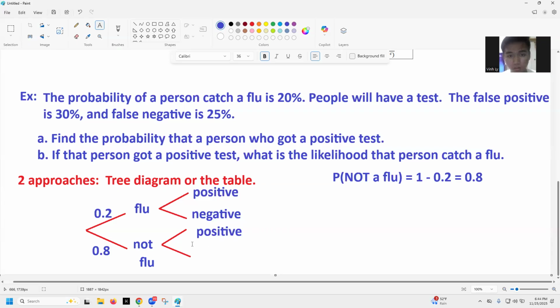Same thing for people who do not get the flu. When we took them to take the test, there were two outcomes, positive and negative. For some reason, the device might not be working properly. So you might have some situation where people caught the flu and that comes out negative.